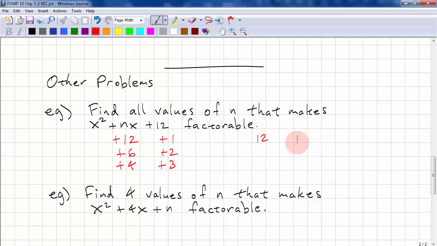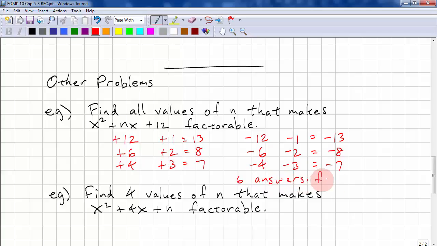But we can also have this, where this is negative and this is negative. This is negative, this is negative, this is negative, this is negative. They'll give us positive 12 as well. So this equals 13, this equals 8, this equals 7, this equals negative 13, negative 8, and negative 7. So there are 6 answers for n.